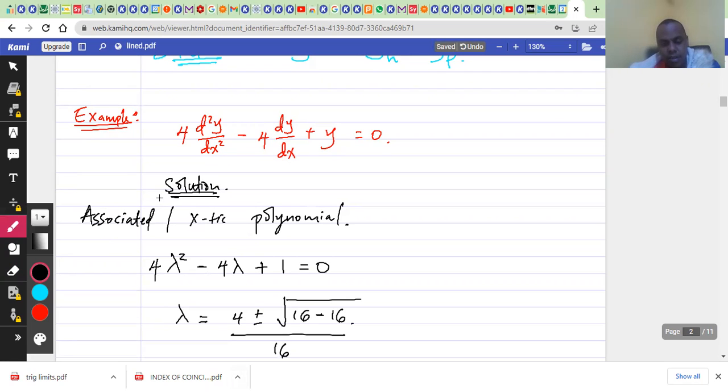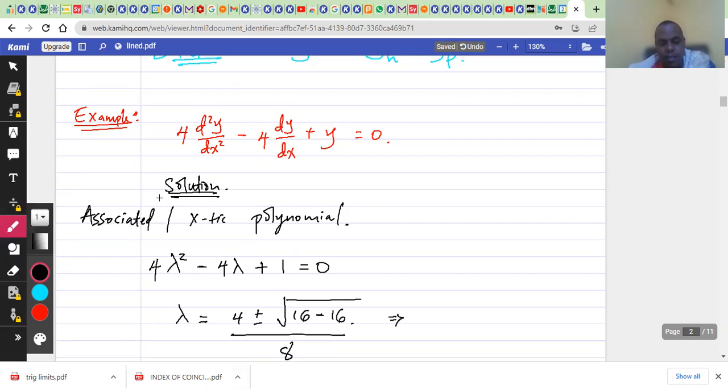So the discriminant is 0. And 2 times 4 is 8. So in this case, we are going to have a repeated root.